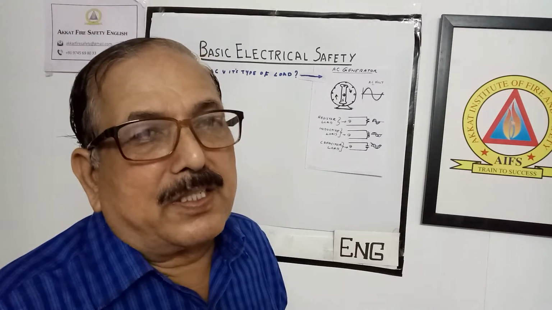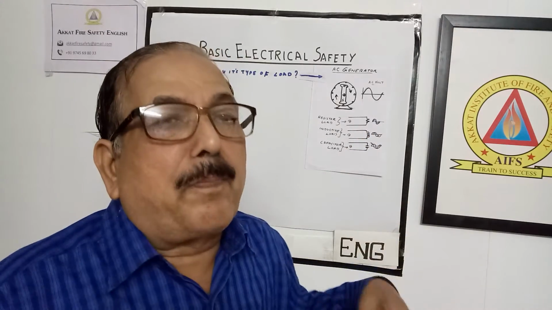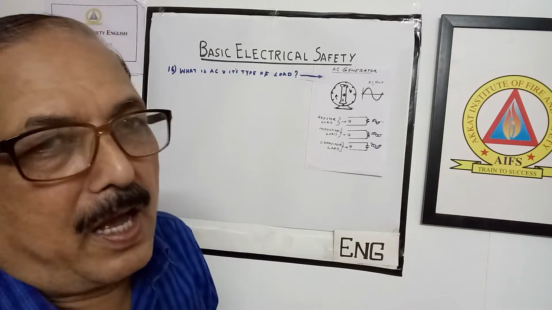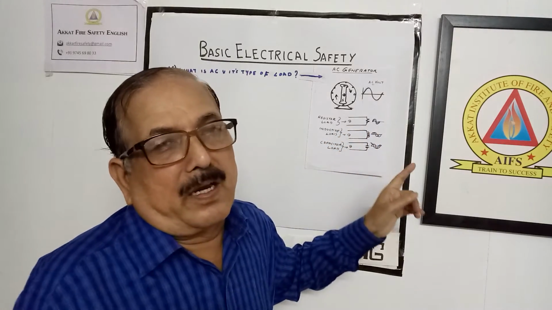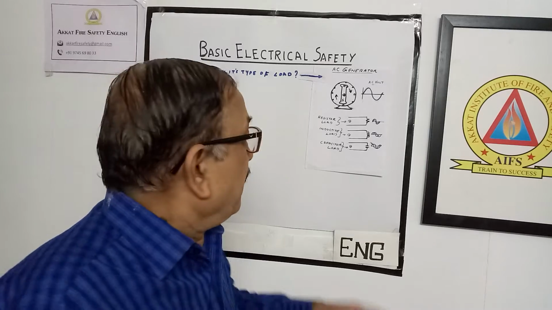In phase means there is no phase difference at all. So the power in the resistive load is V into I, and the power factor is actually 1. Here voltage and current are in the same phase, with no phase difference.